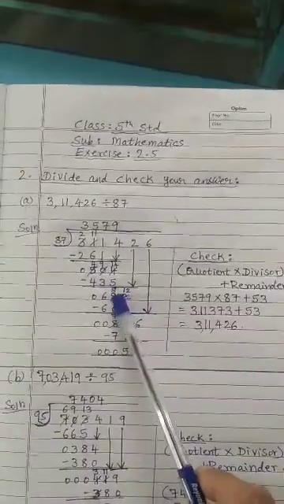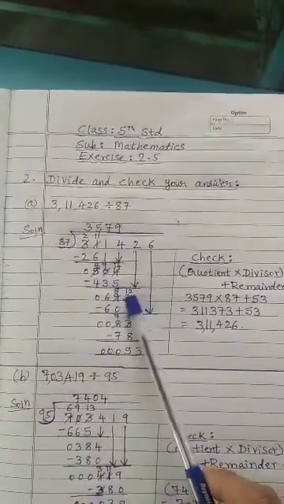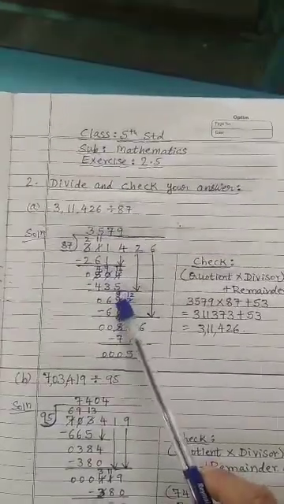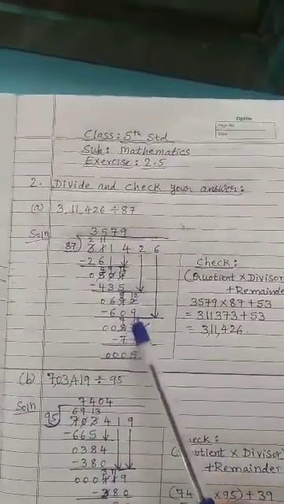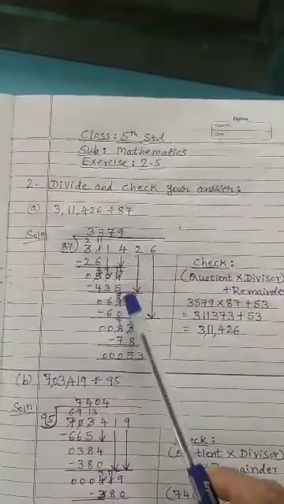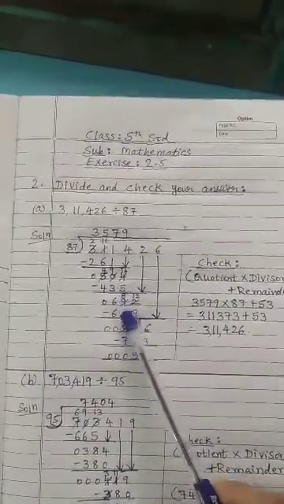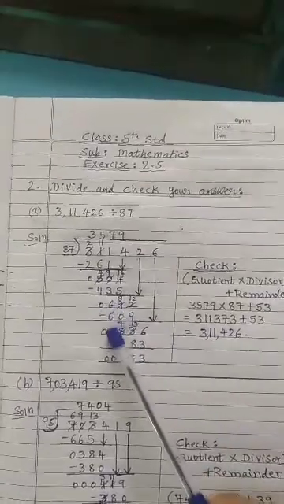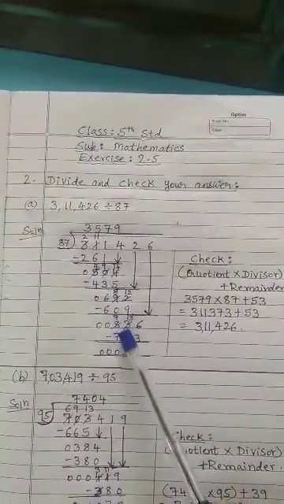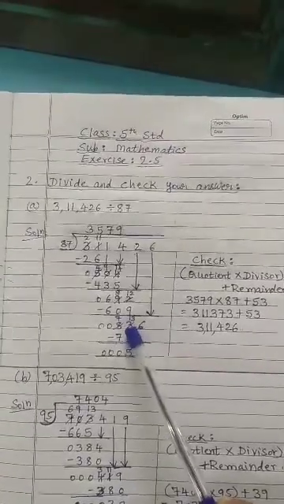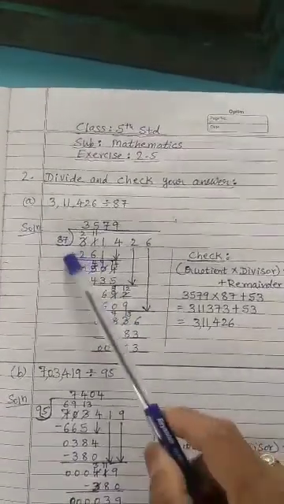Now this will become 12, whereas this 9 will become 8 because 1 is taken. So 12 minus 9 is 3. Next, 8 minus 0 is 8. 6 minus 6 is 0. Here also 0. So how much is remaining here? 83. 83 is smaller than 87.